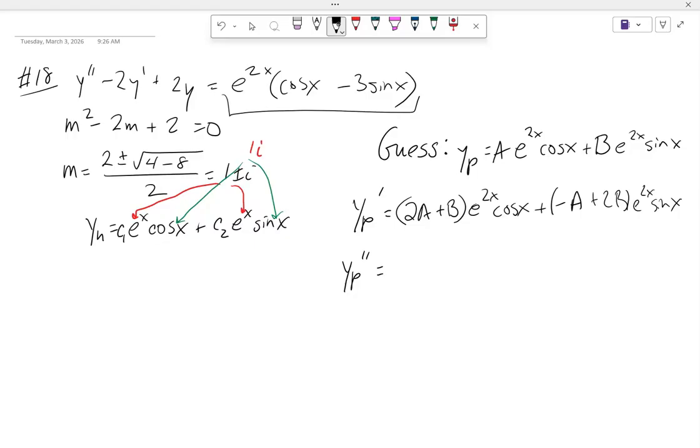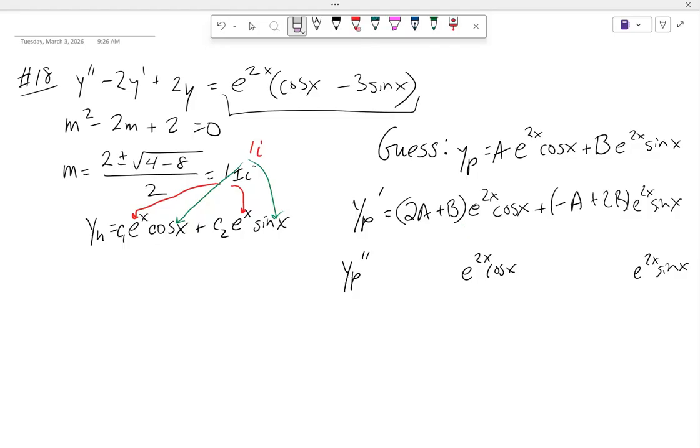Okay. So let's look at this piece. Same idea here. I want e to the 2x cosine x and e to the 2x sine x when I'm done. So let's just do each term individually. Here we would differentiate the e to the 2x, right? This one I will write out a little bit longhand.